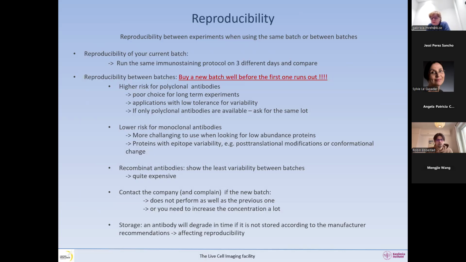Of course, the reproducibility will also be affected if the antibody is not stored correspondingly, because of course antibodies also degrade in time, and they won't work as expected. So always store your antibodies according to the manufacturer's instructions.